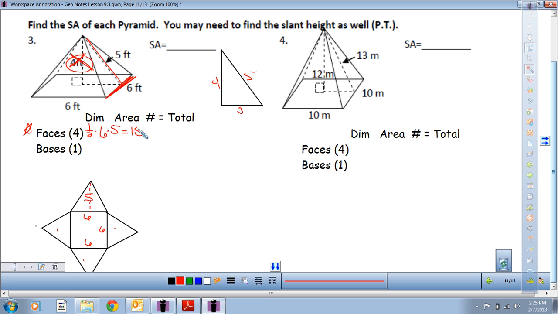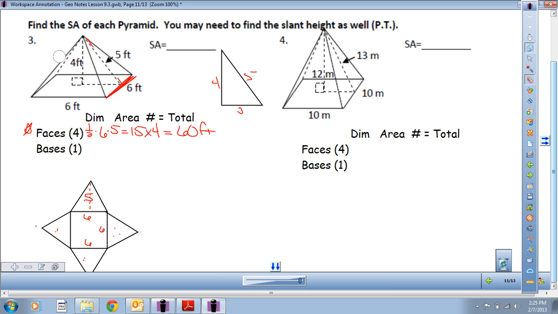Half of that is 15. Now you have 1, 2, 3, 4 of those faces, so it'd be 15, 15, 15. Well, the quick way to do that is we have 4 of those faces, so I'm just going to take it times 4. So it's not the same times 2 as we had last class. Now 15 times 4 is going to give us an area of 60 square feet.